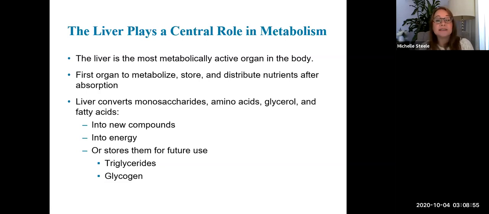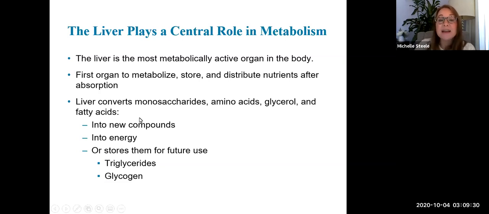An example of this is taking the essential amino acids that we consume in our diet and converting them into a non-essential amino acid. And we also have different processes such as gluconeogenesis, where we're taking monosaccharides, the galactose and fructose, for example, and converting those into glucose, or converting amino acids into glucose, and basically transitioning from one molecule into another.